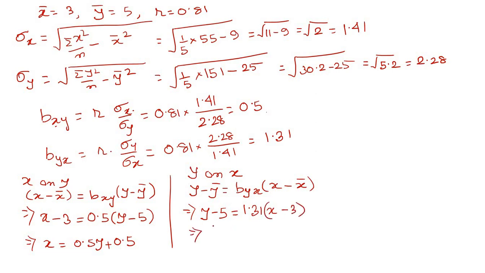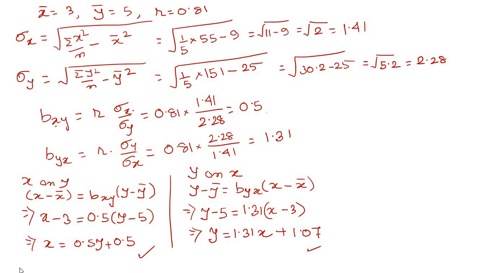When you replace all these values, you get y equal to 1.31 x plus 1.07. So this is the x on y equation, and this is the y on x equation. This is how we solve this particular problem.